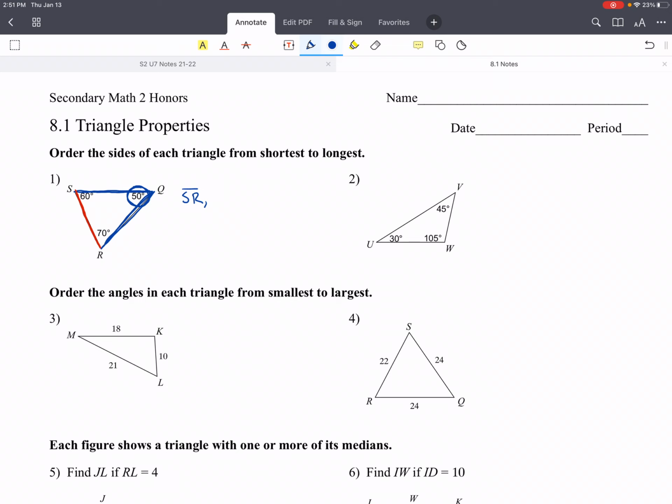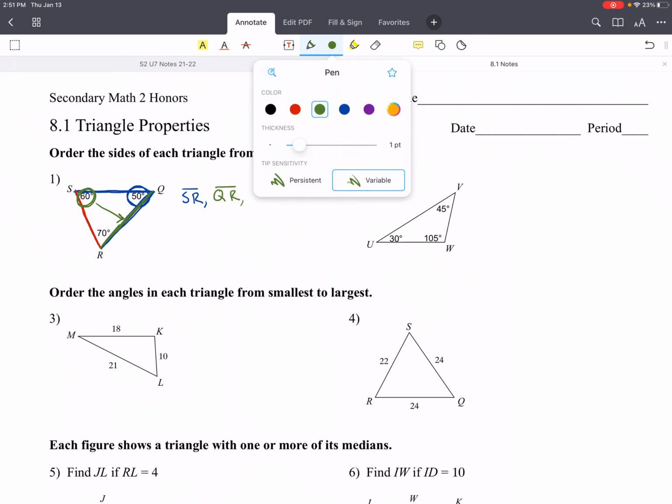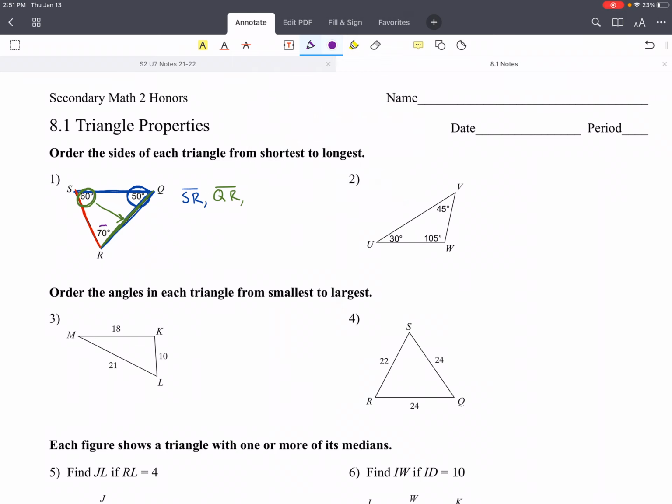Well, that means our next shortest has to be our middle-sized angle. Middle-sized angle coming across. This is the side that is created by that angle. So that's going to be side QR. And that means our longest side is going to be across from our largest angle. So our largest side here is SQ. So what should I write down for this section?